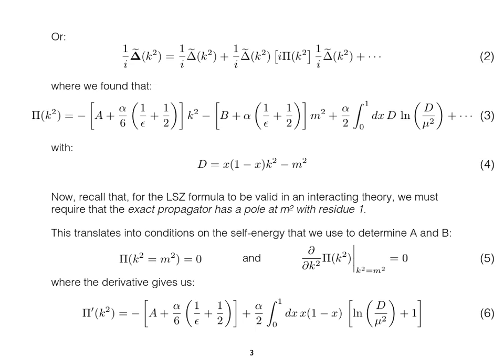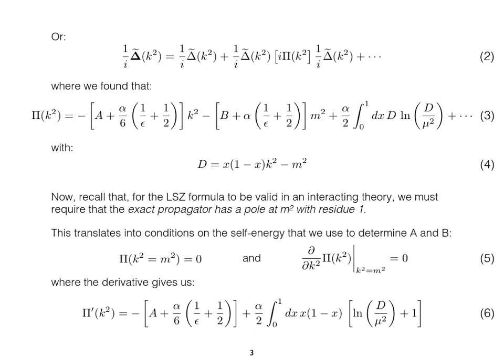And that means that when I apply the on-shell conditions, when I take the external momentum k squared equal to the mass squared, the self-energy correction has to be 0. And also we have to apply the condition on the derivative of this guy: when we set k squared equals m squared, this thing has to vanish.